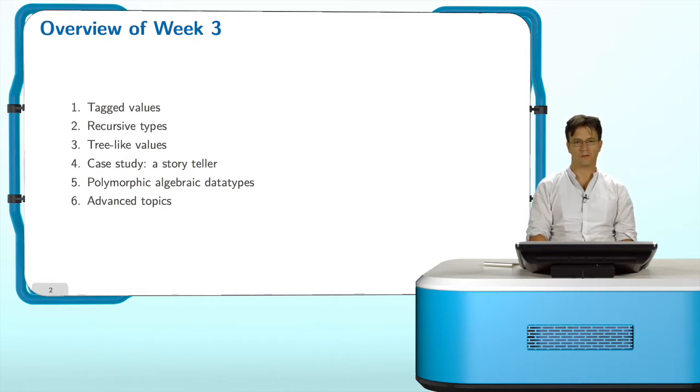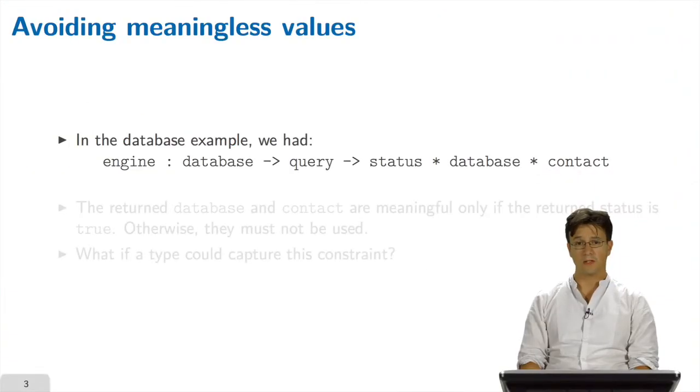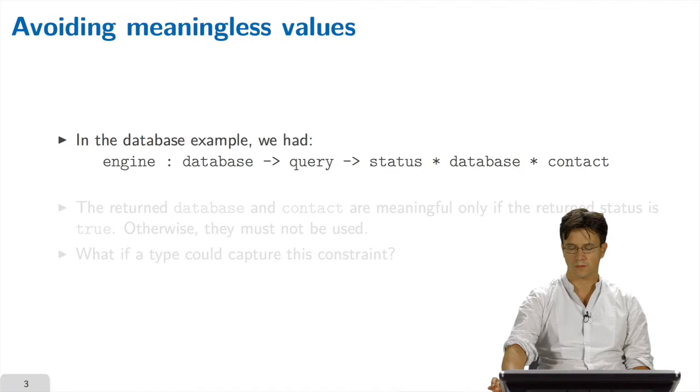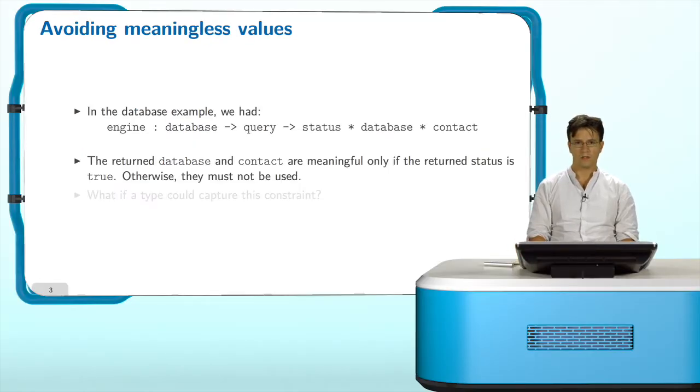with advanced topics. So let us come back to our database example, and more precisely to the type that we have assigned to the engine function. This type is not really satisfying because if you look at the return type of our engine, it is a triple, but sometimes some component of this triple is meaningless.